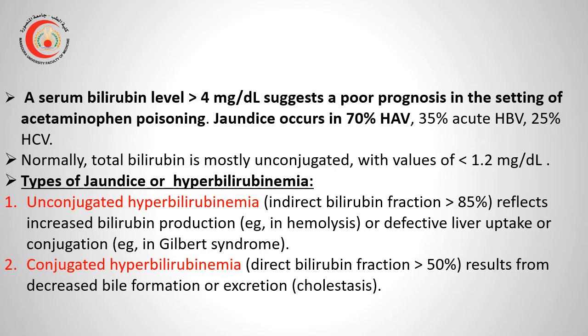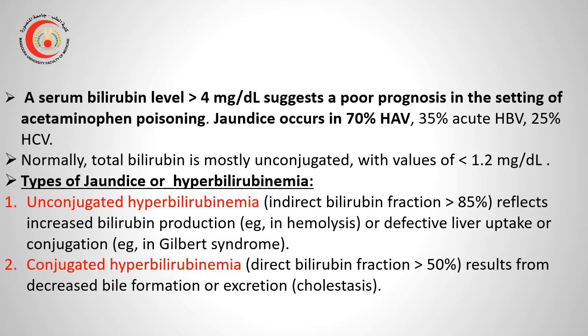As regards the relation between jaundice and viral hepatitis, jaundice occurs in 70% of hepatitis A virus, in 35% of acute hepatitis B virus, and in 25% of HCV. Normally, total bilirubin is mostly unconjugated with values of less than 1.2 mg per deciliter.